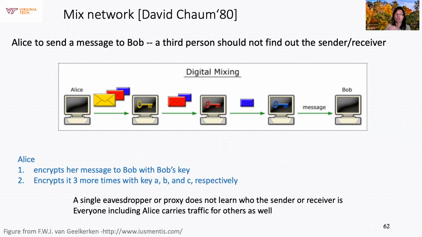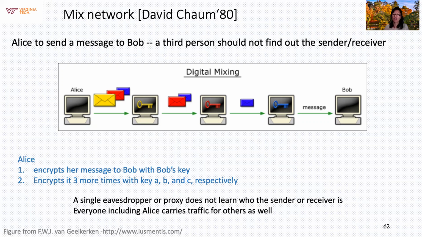So Alice would send this message first to someone somewhere else, put it into an envelope, and another envelope. Once the next hop proxy gets the envelope, it will just peel it off and see another envelope that says, oh, route this to the next hop.